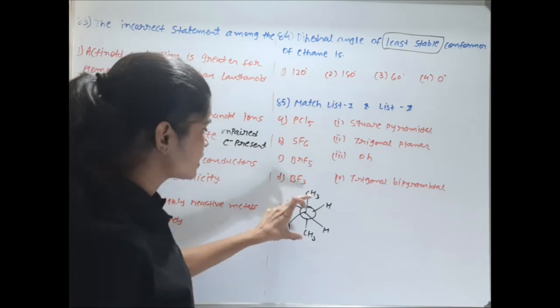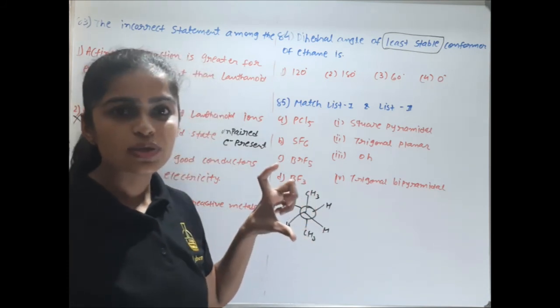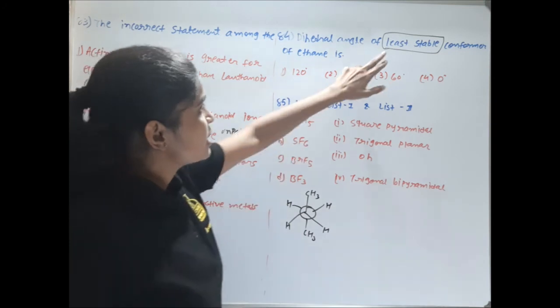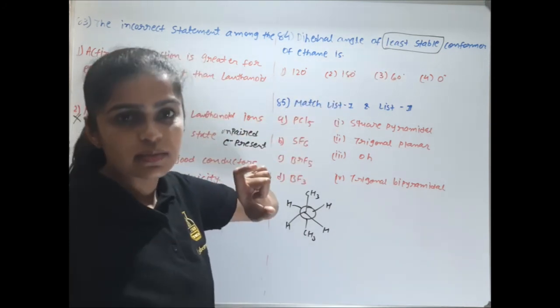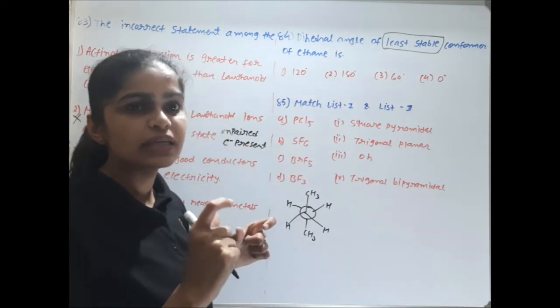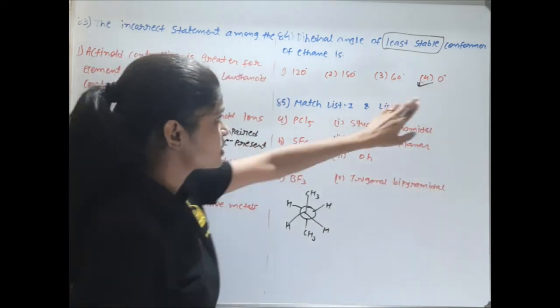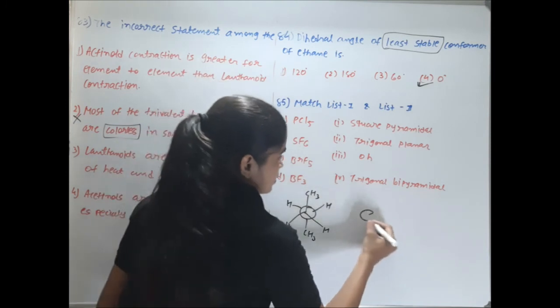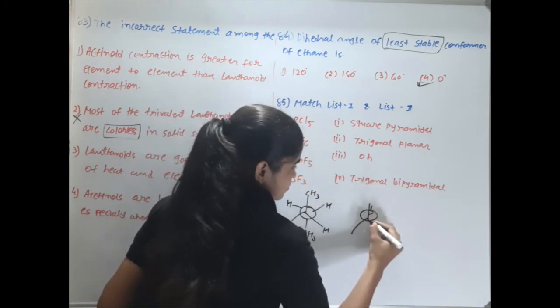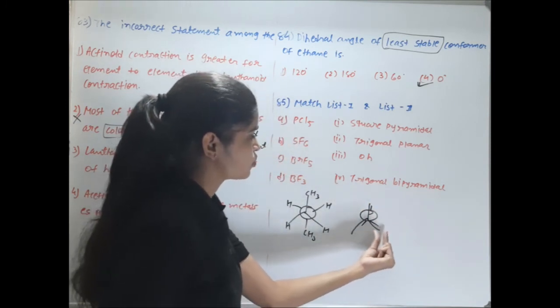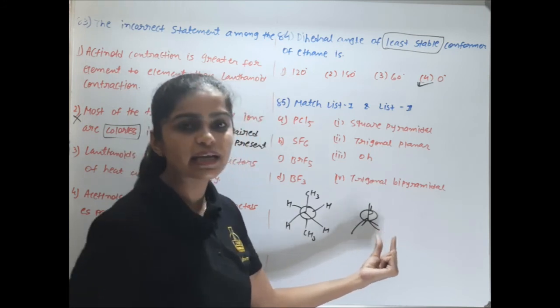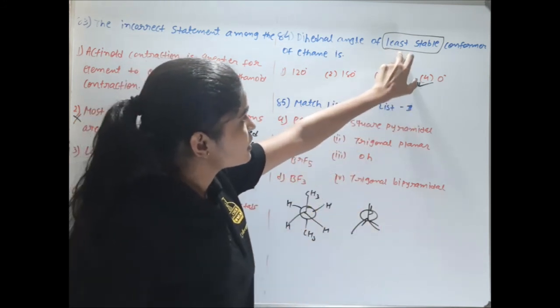Where the angle between bonds is decreased, its stability is less. So least stable means the angle is less. So the right option is 0. This is the fully eclipsed structure, because the angle between these two bonds is 0, so this is the least stable.